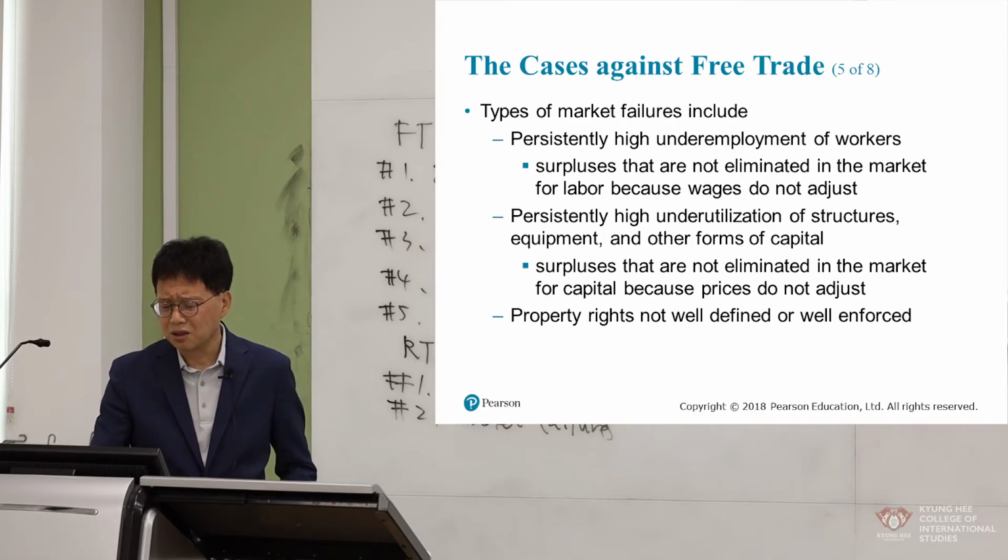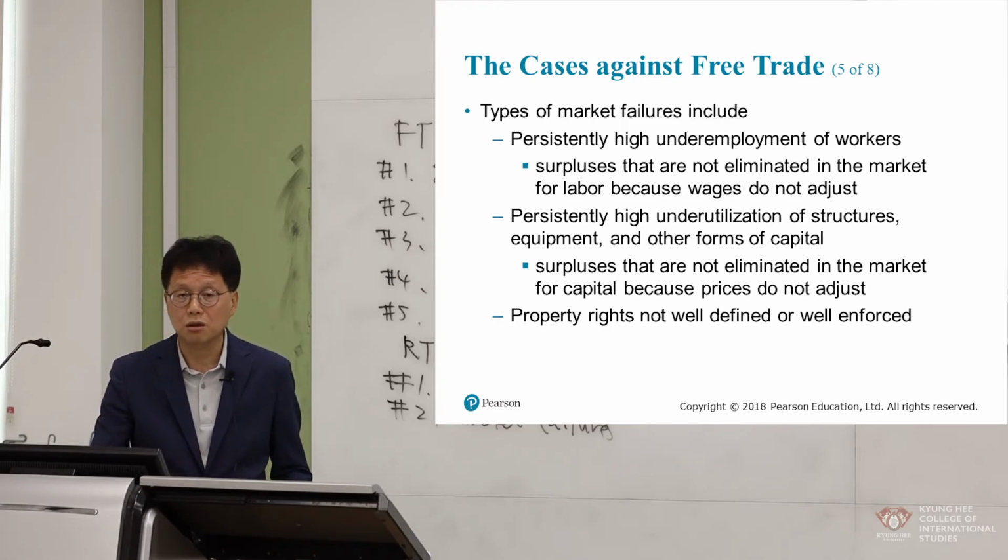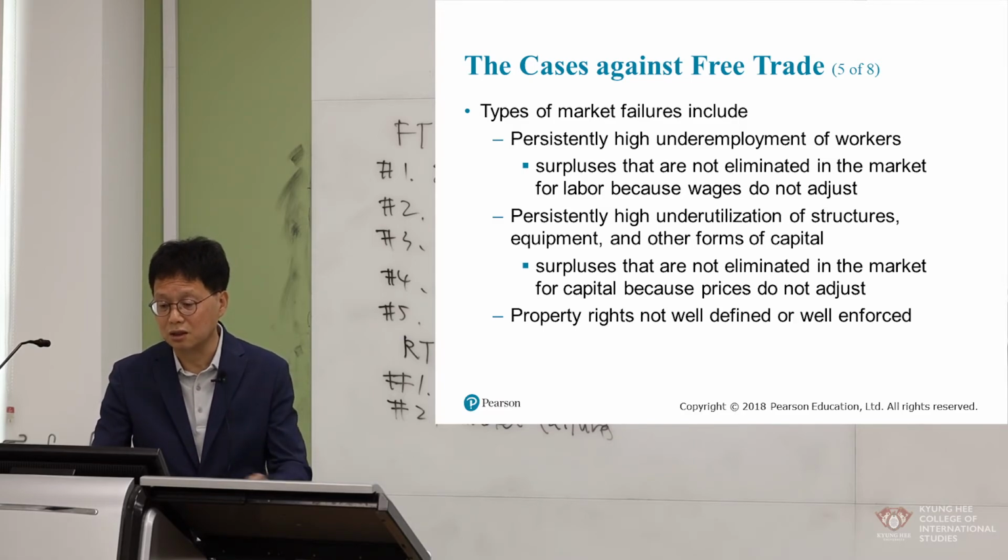So this kind of thing is very common in recession periods, even in Korea, right? The first and second oil shocks happened in 1973 and 1979, and we can see the underutilization of capital stock, unemployment of capital stock, for example, right? Plus that are not eliminated in the market for capital because prices do not adjust.